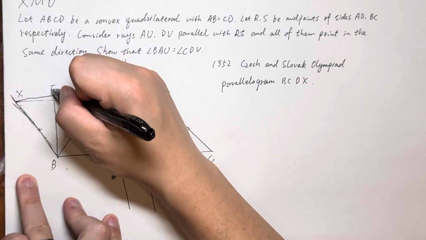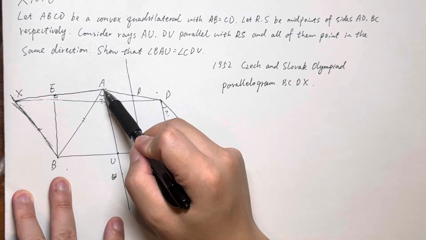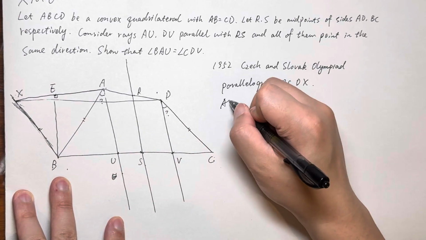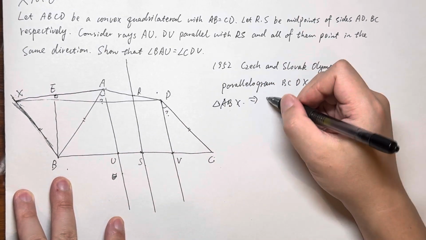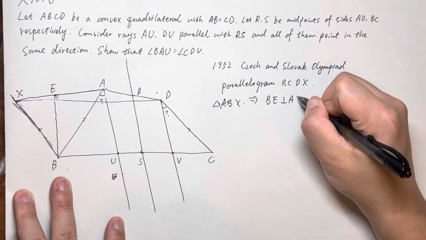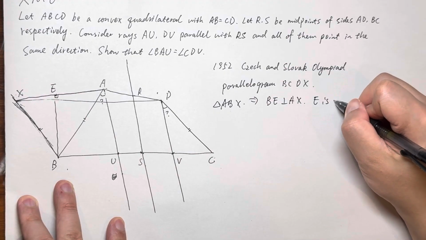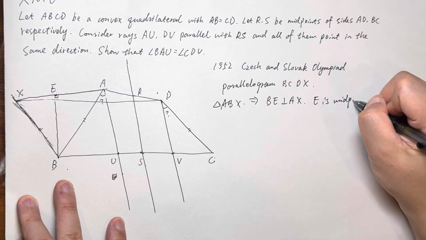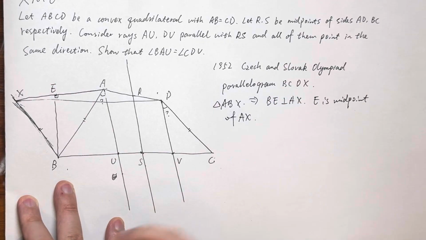Let's call this point E. Because triangle ABX is an isosceles triangle, we know that BE is perpendicular to AX, right? And E is a midpoint of AX.